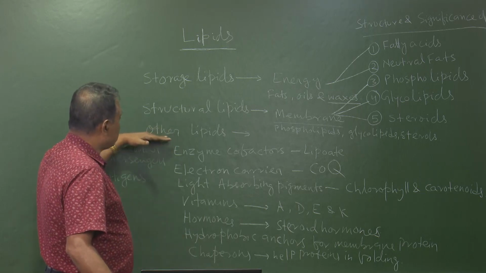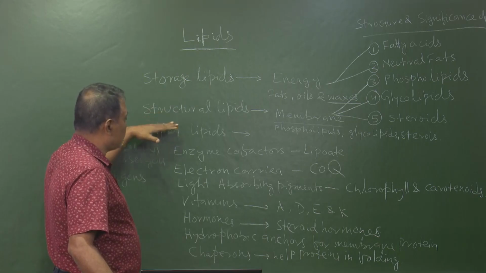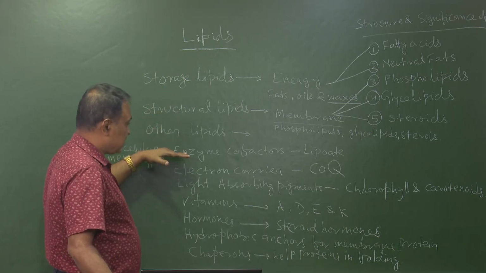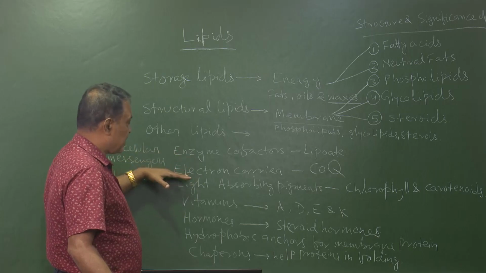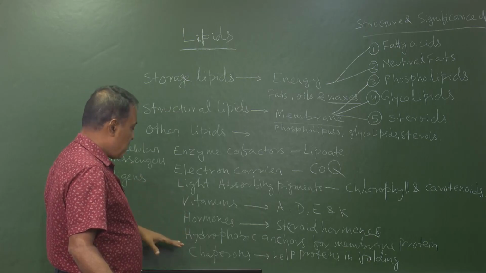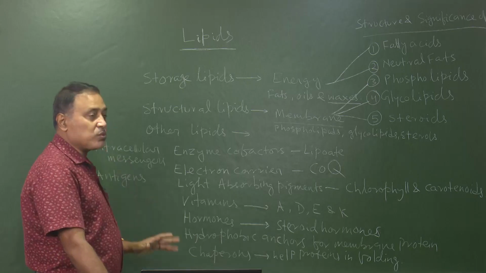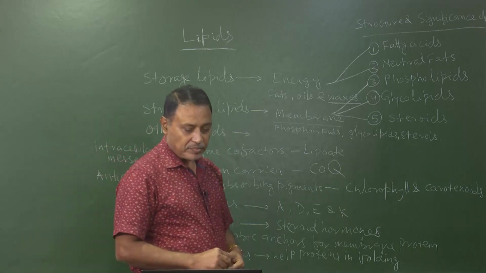So, next we come to other than these two very important functions, we find them as enzyme cofactors, electron carriers, light absorbing pigment, vitamins, hormones, hydrophobic anchor, chaperones, then intracellular messenger as well as the antigens.